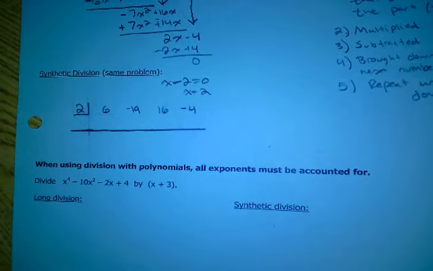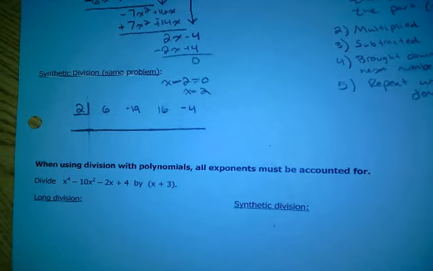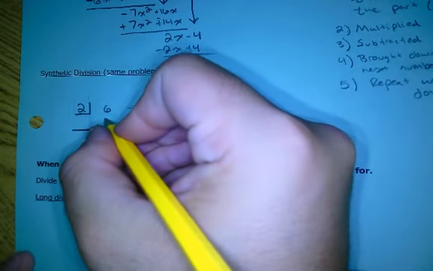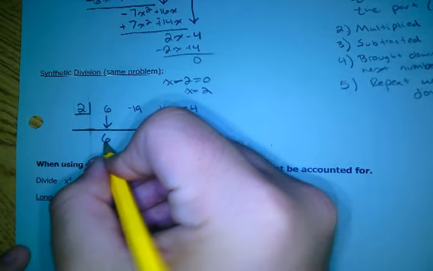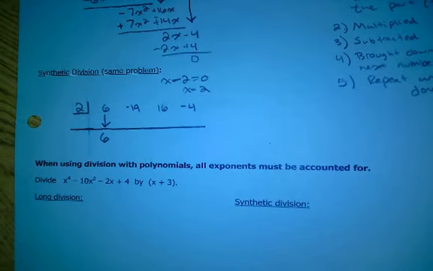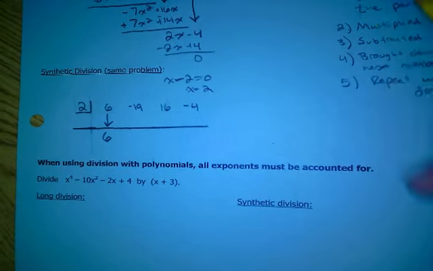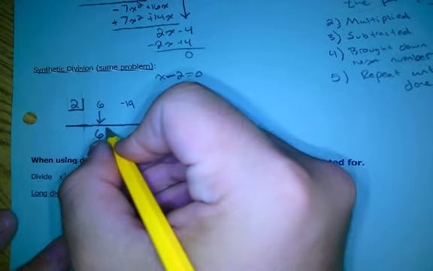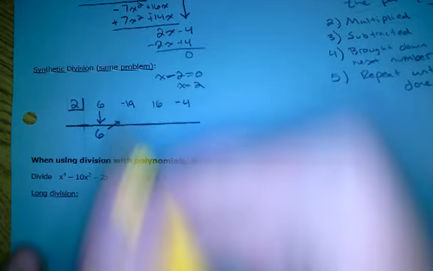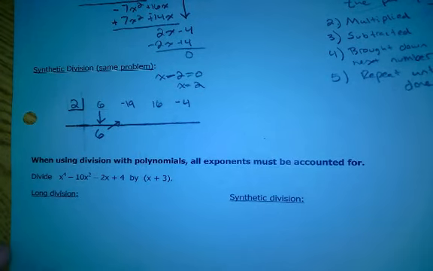Oh, it's synthetic division. Okay, so let's go ahead and do it. I don't really care how you set it up. All that matters is the steps are the same. So you're going to drop the first number down. There's really no finding numbers. That step 1 is done. But everything else is the same. So we're going to multiply by what's in my box. What's in my box? 2.